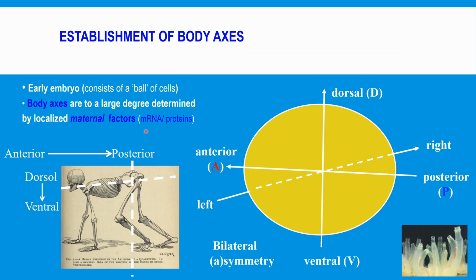And maternal factors, the most typical ones are mRNA and proteins. And the mRNA itself will generate more proteins. So it's indirectly proteins deposited into the egg that will help set up the axes early on. And in some cases, these maternal factors can be localized to specific areas of the egg, and we will discuss this.